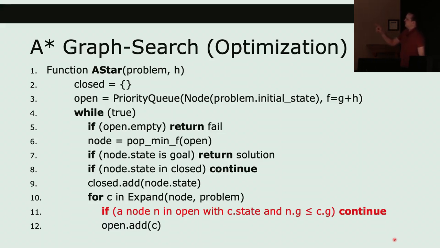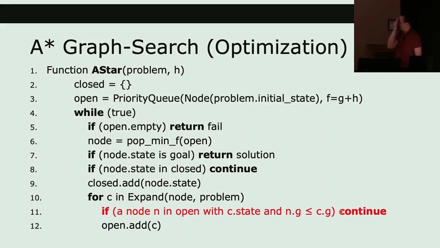As we generate children, down here, C is the child that we've generated. So we're looping over the legal actions, adding them to the current state. Now we have a child. If a node N is in the open list with the same state as this child, and its g-cost is less than the child's g-cost, continue.